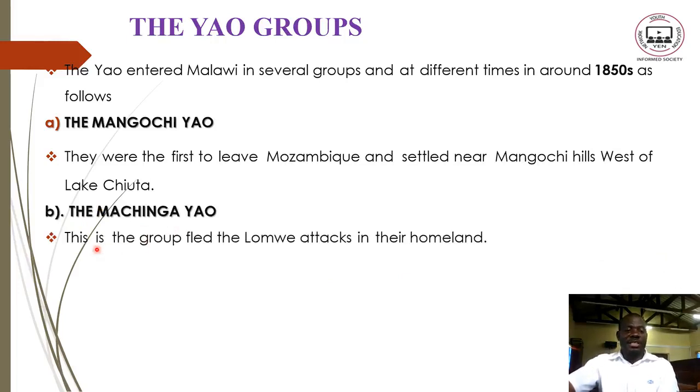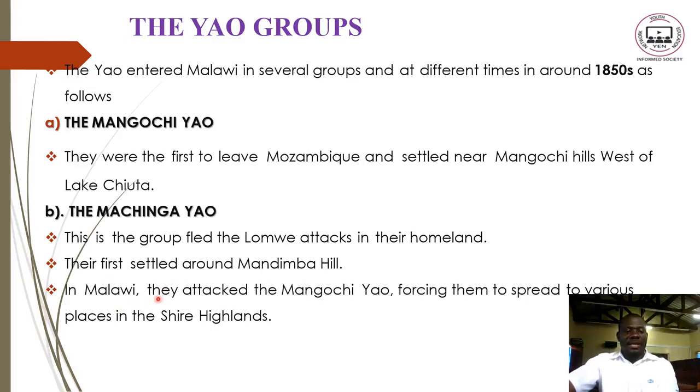So this is the group that fled the Lomwe attacks from their homeland. So their first settlement was around Mandimba Hills.